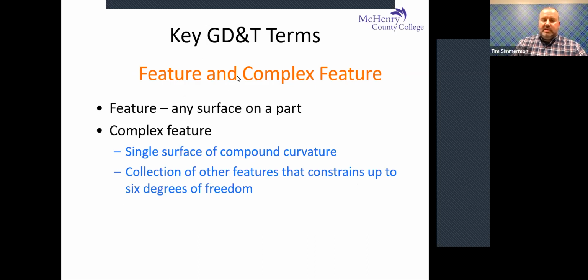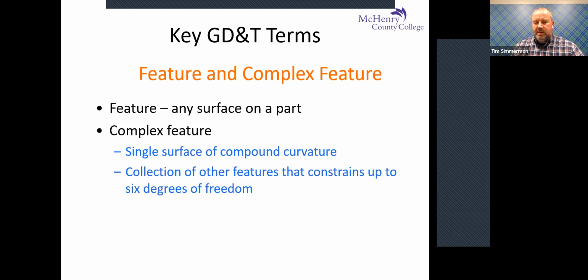Features and complex features. A feature, you'll hear me say this term a lot, is any surface on a part. So if we're going to measure a round feature or a flat feature, it's any surface on a part. A complex feature is not something we'll really get into much until our week 7 class. That's when you're going to see multiple surfaces mesh together.